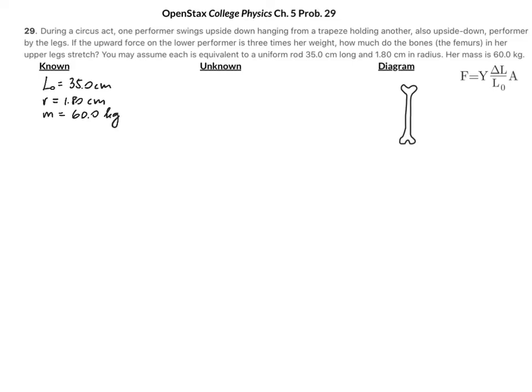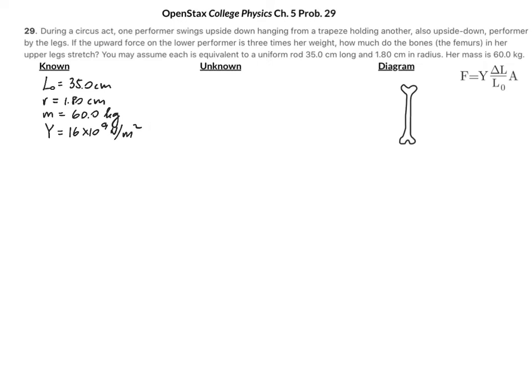Then one thing that we're not told but we can find in a table somewhere is the Young's modulus for a bone that is stretching. So Y is 16 times 10 to the 9th newtons per meter squared.